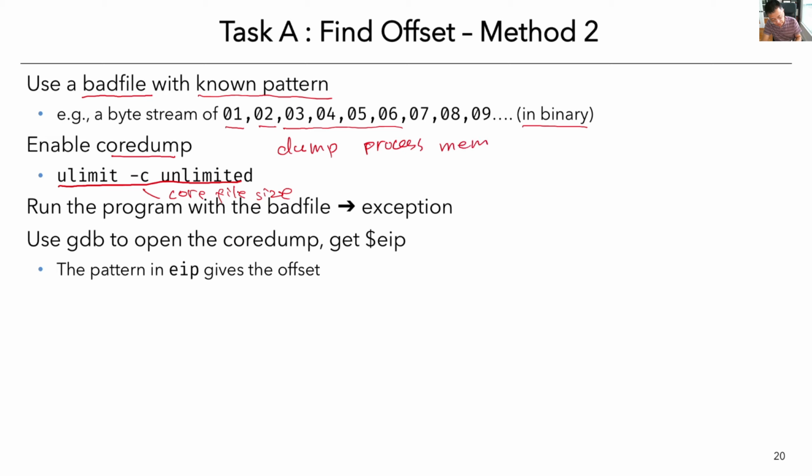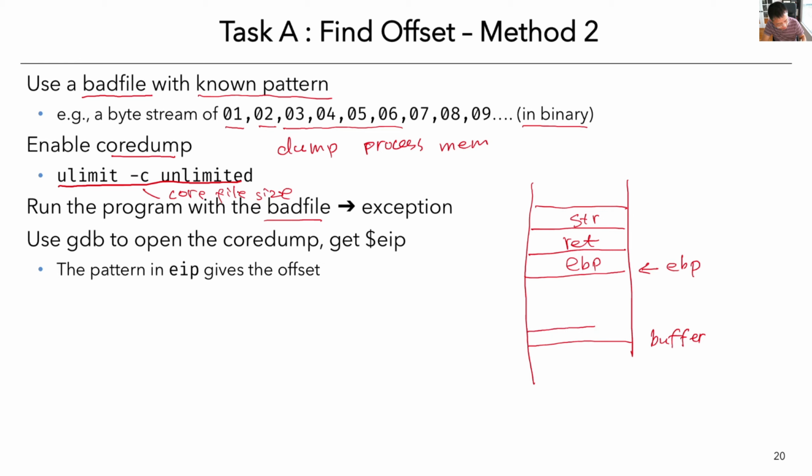Okay, so in this method, we're going to fill the buffer with a known pattern. So basically, every slot here on the stack will be 4 bytes. We're actually filling with 01, 02, 03, 04.